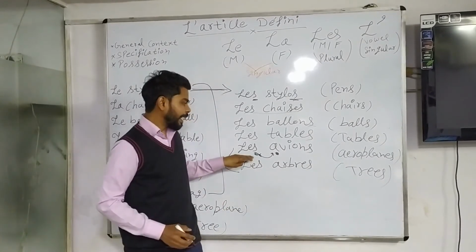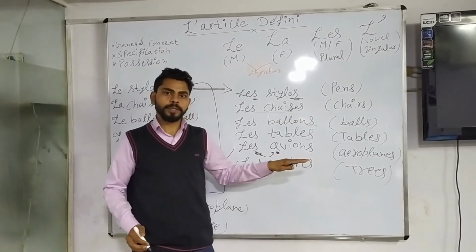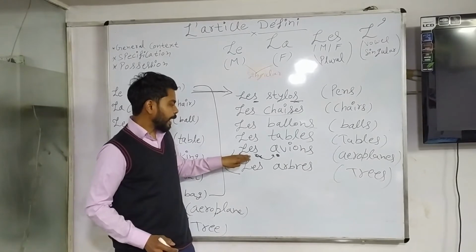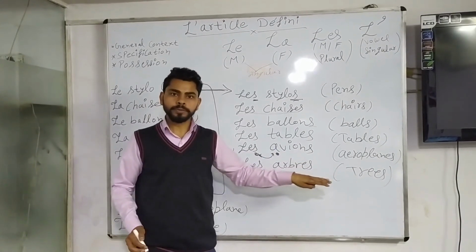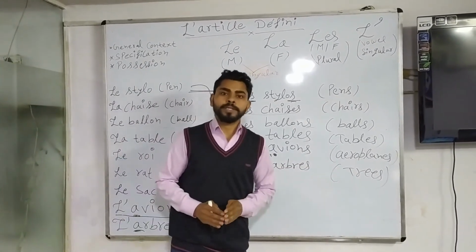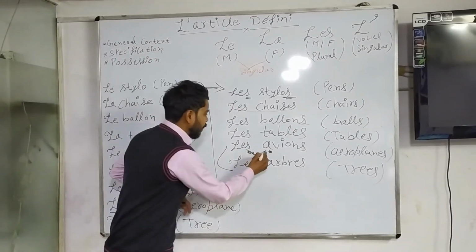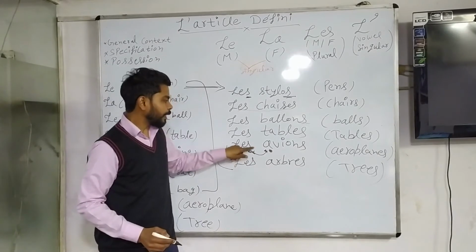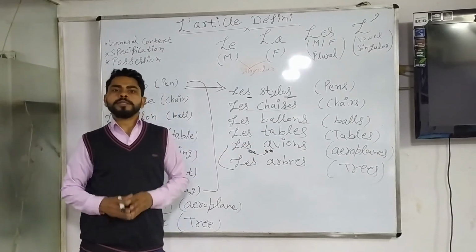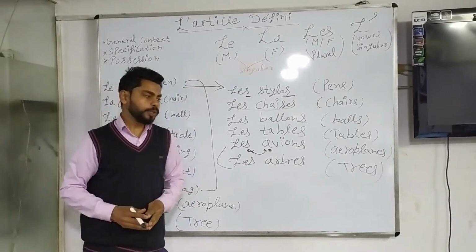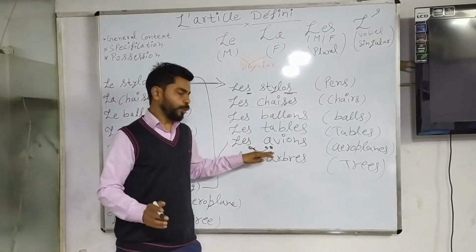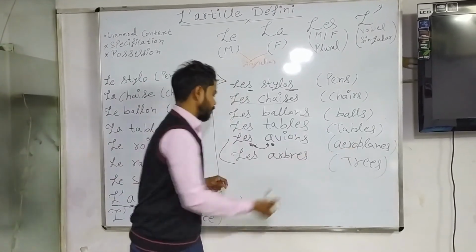So it will become les avions. First of all, we learned it as les avions for learning it with comfort, and when we make a link between the consonant and vowel, it becomes a sound as les avions, which means aeroplanes.